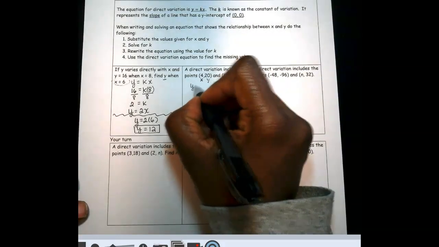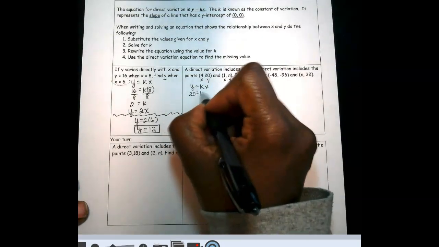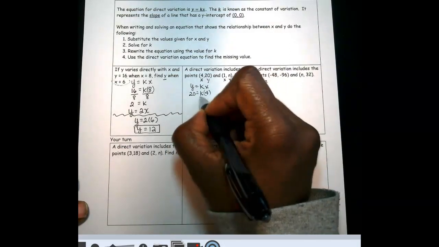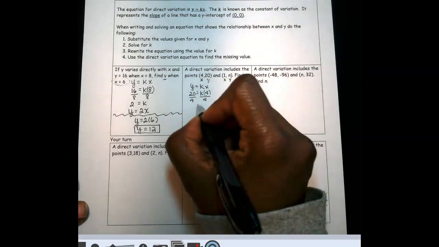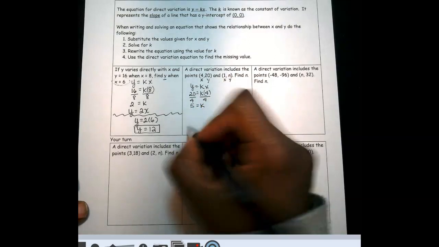So we've got y is equal to kx. I know that 20 goes in place of y. I don't know what k is. x is 4. Divide by 4. Divide by 4. And k is equal to 5.